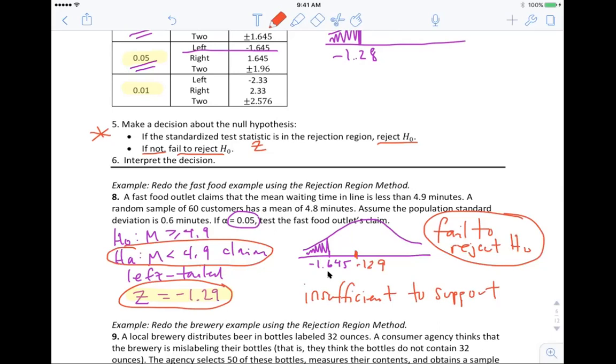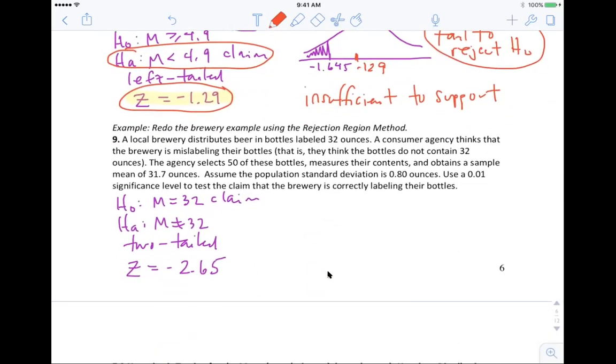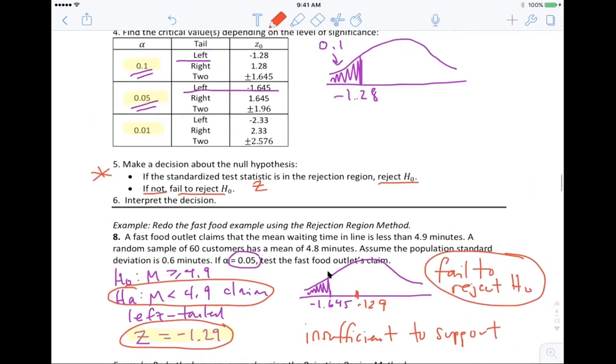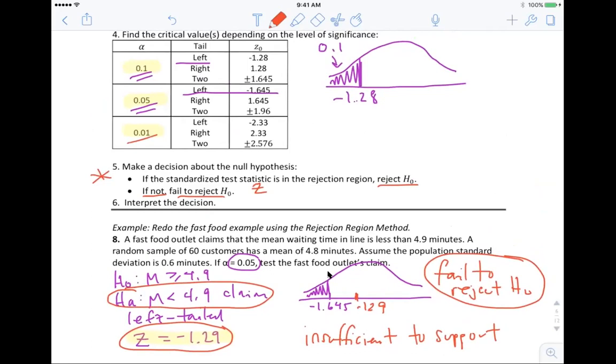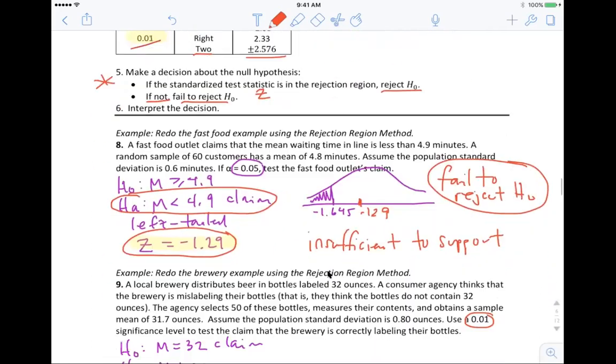Let's try another one. Number 9, we've already got it started. So I'm jumping right into finding that critical value. So where's my alpha? 1%, and it's a two-tailed test. I go to that little table, 1%, two-tail, there it is, plus or minus 2.576.